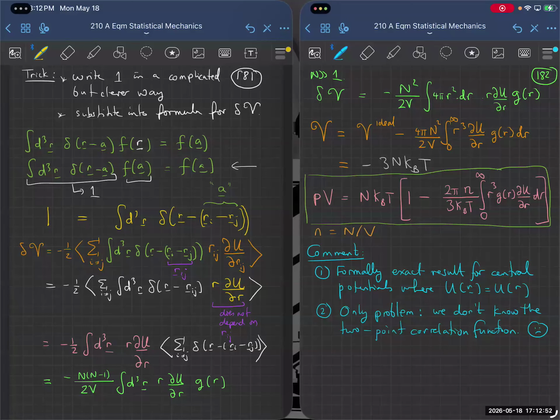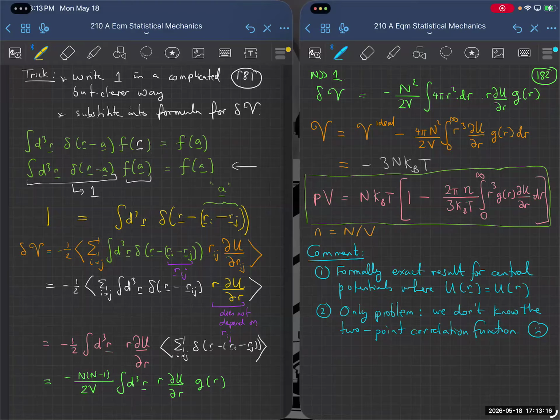I'm going to show you a quick and dirty trick for calculating g of r, just to give you some feel for it. There is an exact way to calculate g of r. You look at the 2-point correlation function, the probability of two particles being a certain distance apart, and you can calculate it exactly.